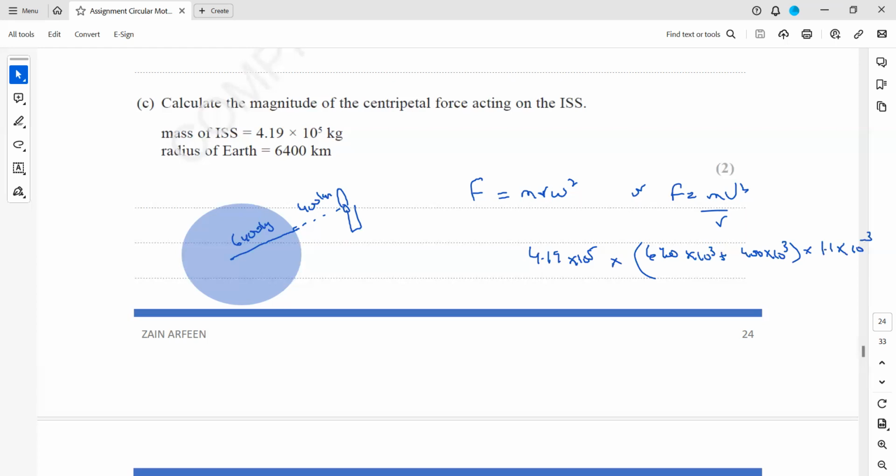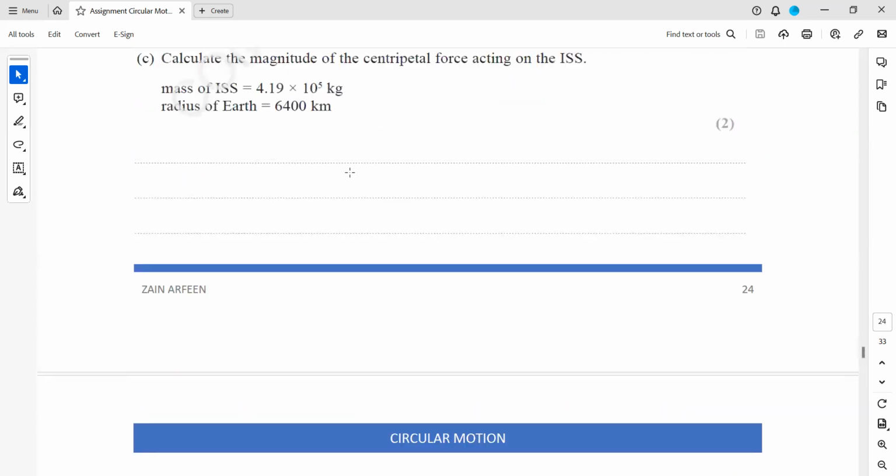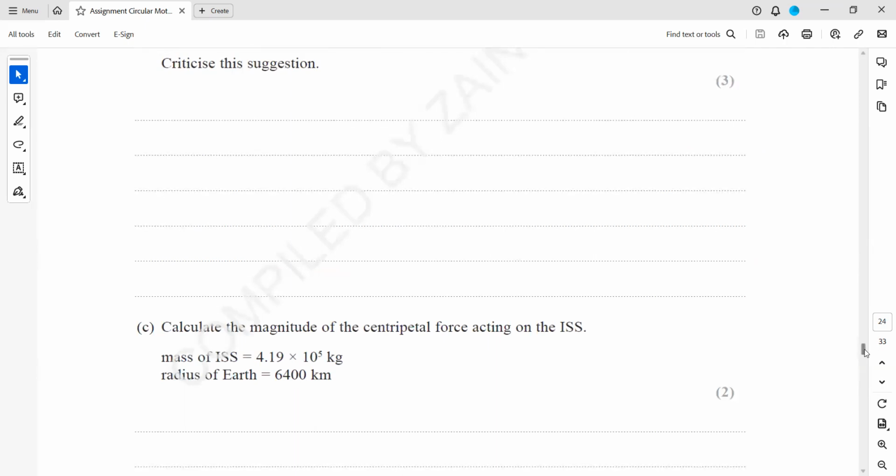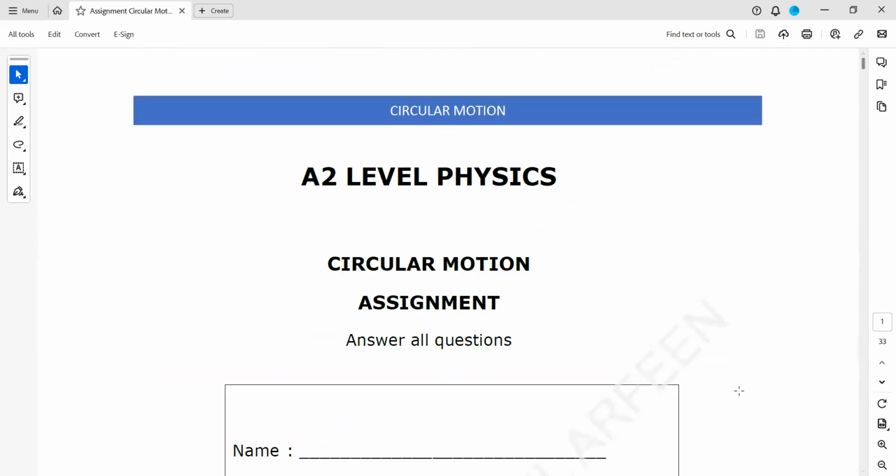This will give us 3.6 into 10 power 6, and the unit will be Newton. So the important thing is the unit conversion and taking the total distance from the center. Whenever an object moves in a circular path, take the distance from the center if you want the centripetal force. So this was circular motion.